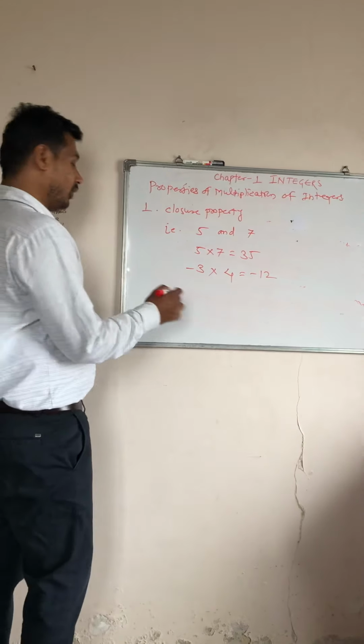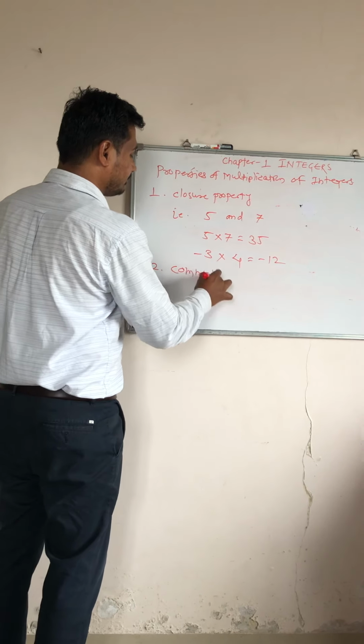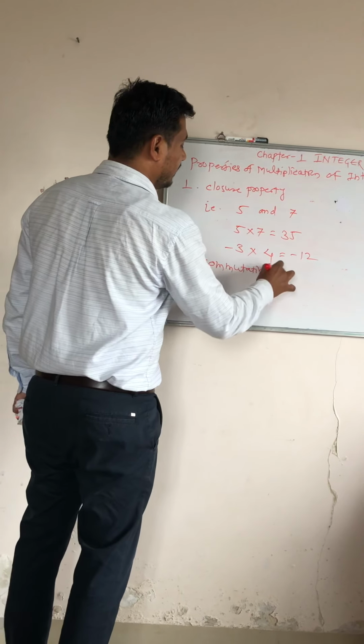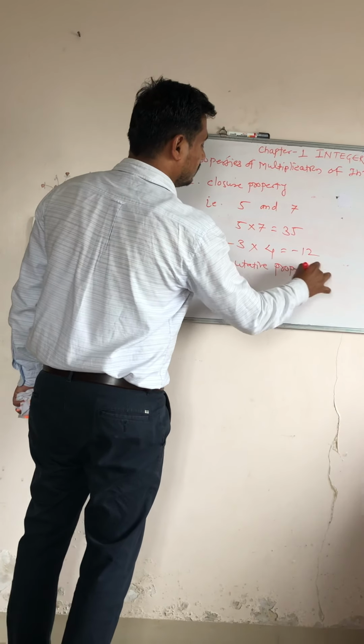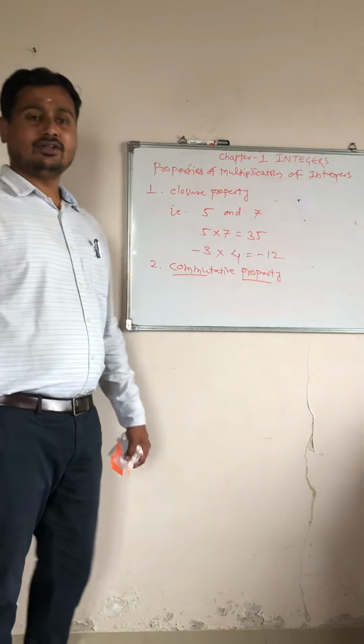Now the second property is the commutative property. Very important property.